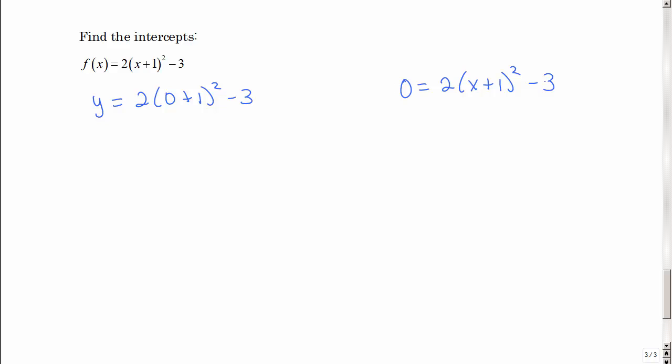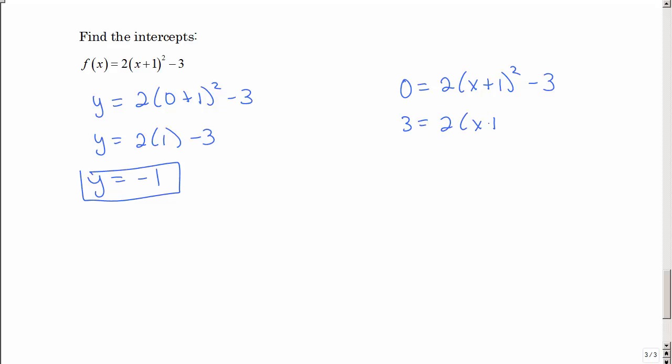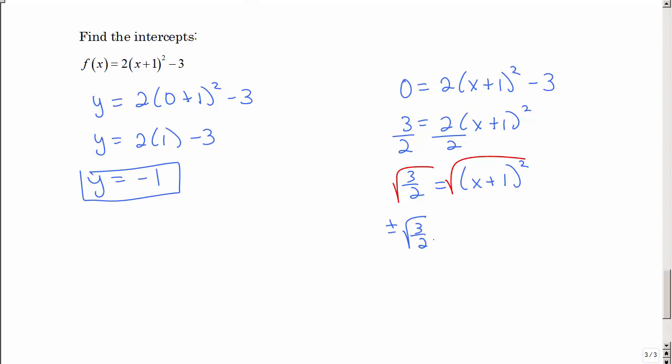So do we match? So here we have 2 times 1 minus 3. So that's negative 1. Here we add 3 to both sides. Now I need to get rid of the 2, so I can just divide both sides by 2. Take the square root, put plus or minus, then subtract 1.